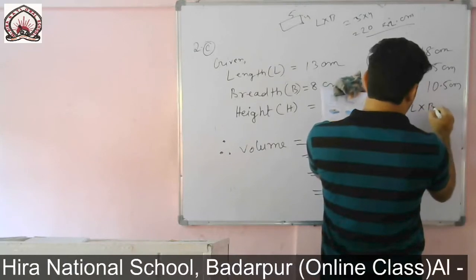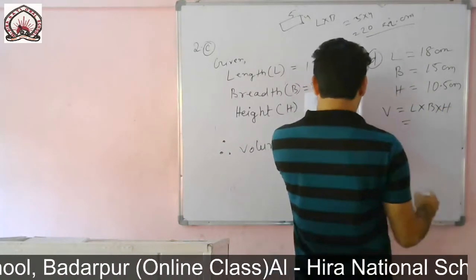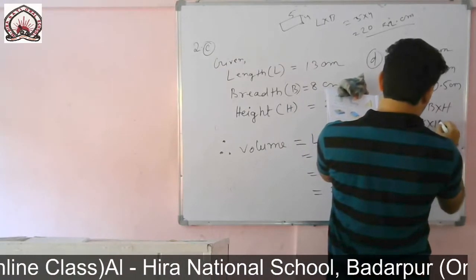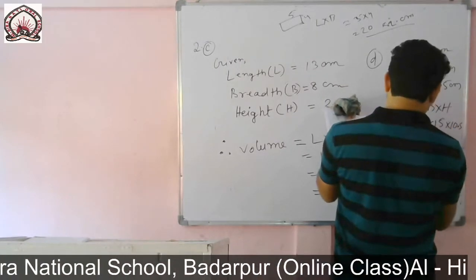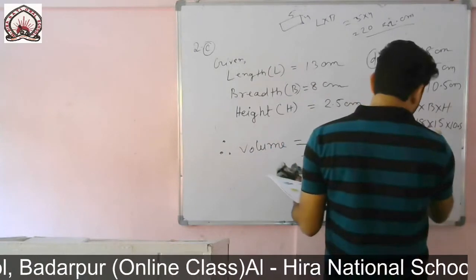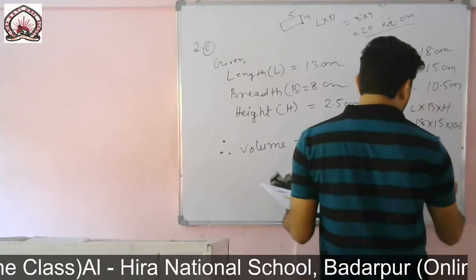So volume equals length into breadth into height. So you can write 18 into 15 into 10.5. If you multiply 18 into 15, you will get 270, into 10.5.